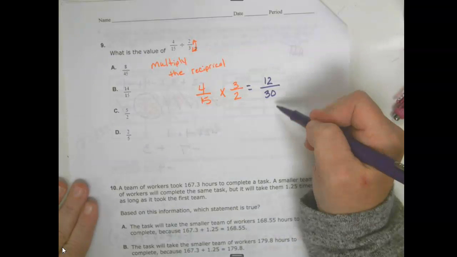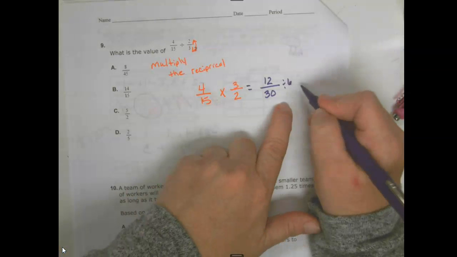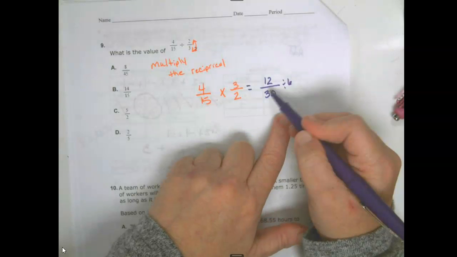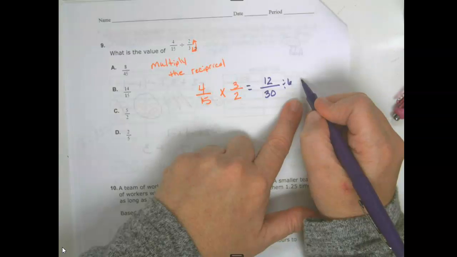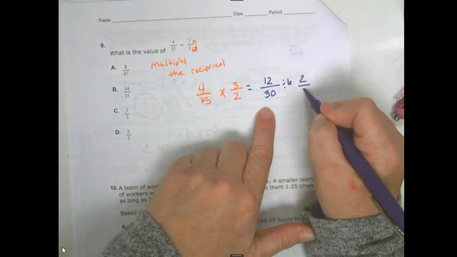I can simplify these. I can divide them both by 2. I can divide them both by 6 actually. 12 divided by 6 is 2. 30 divided by 6 is 5.